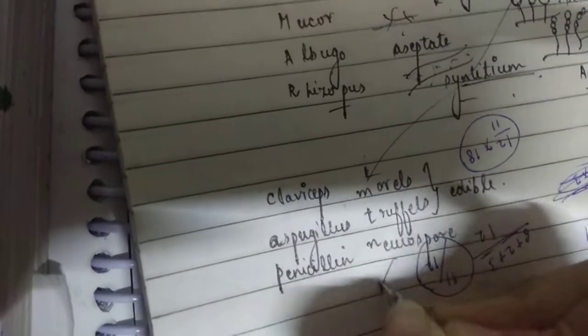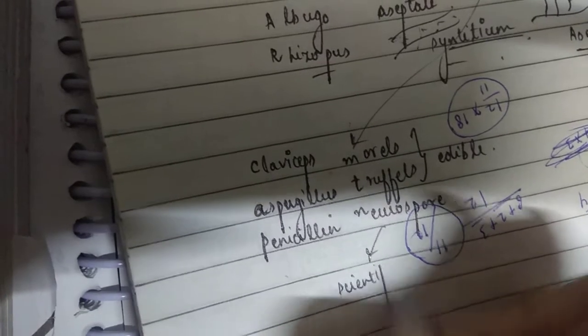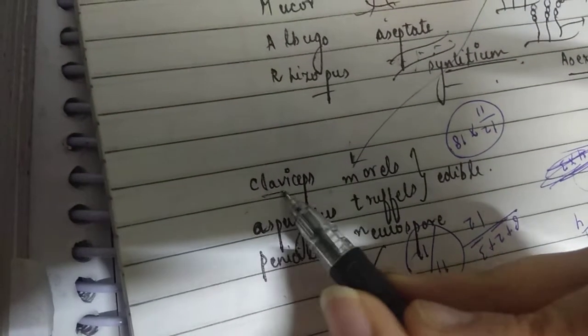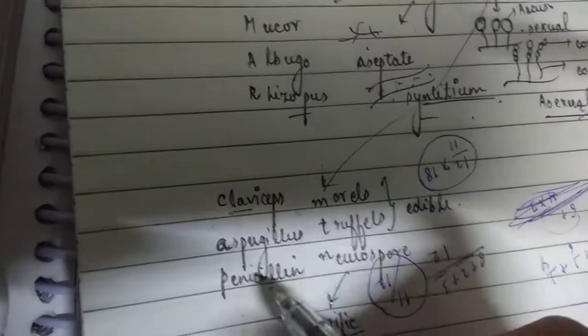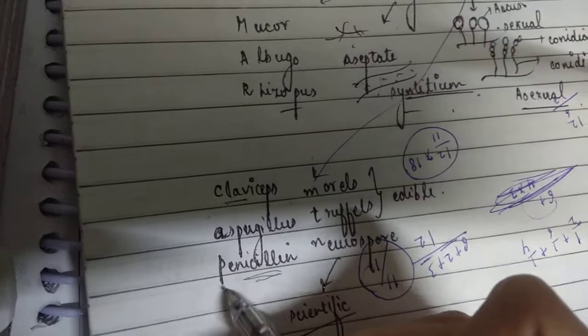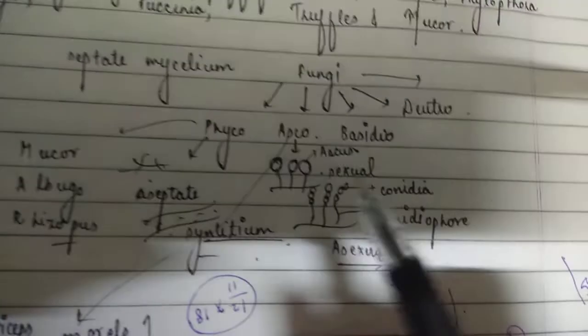Neurospora is used in scientific research work. Claviceps is also used in research, and Penicillium, as we know, is the antibiotic. So these are the examples of Ascomycetes.